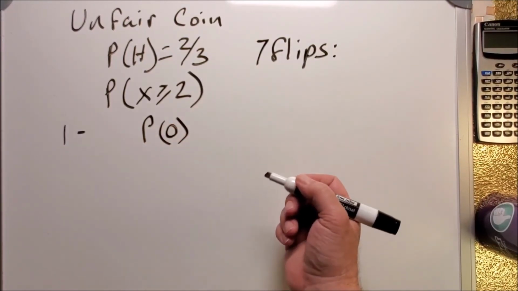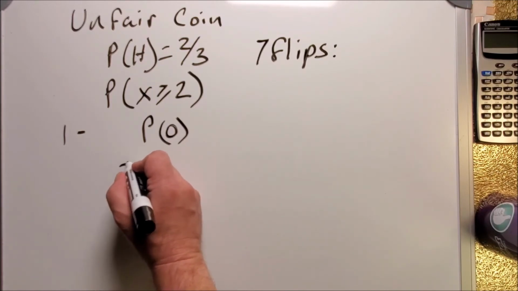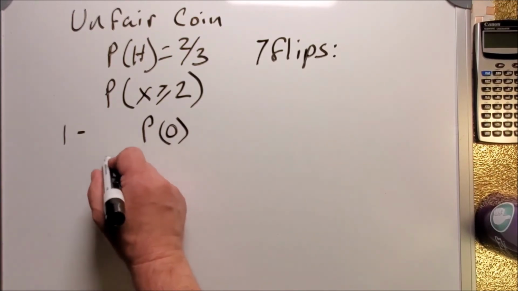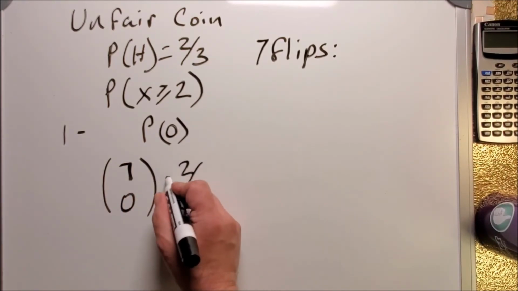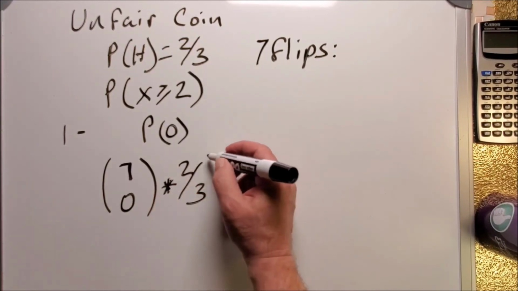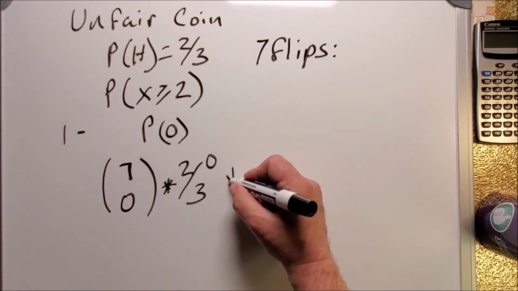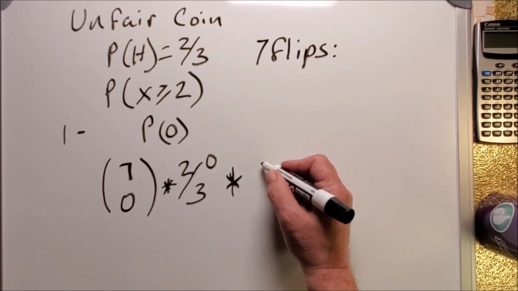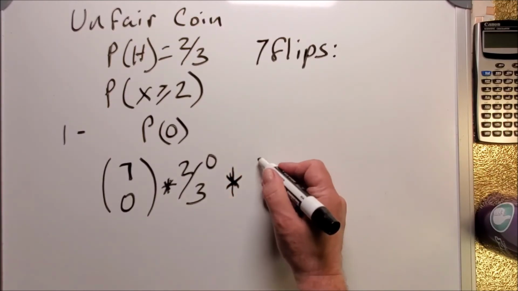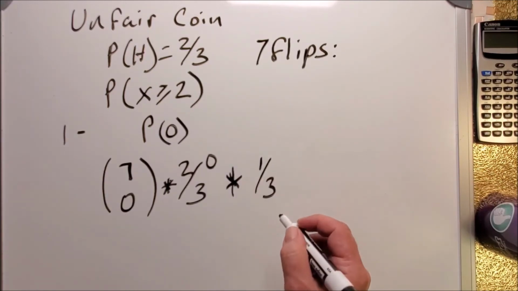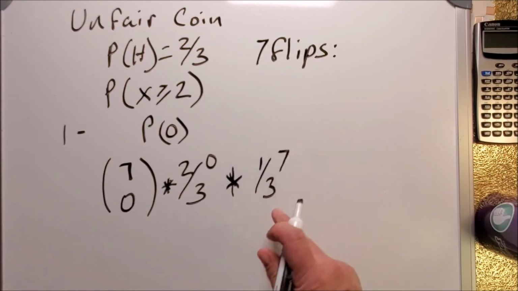I'm just going to plug this right into the binomial probability theorem formula, and that's going to be 7 trials choose 0 successes times the probability of success, which is 2/3, to the power of the number of successes we're proposing for the moment, and multiply that by the probability of failure to the power of the remaining trials. So the failure probability, remember, is going to be 1/3. And we have 0 successes, so that means all 7 trials result in failure.